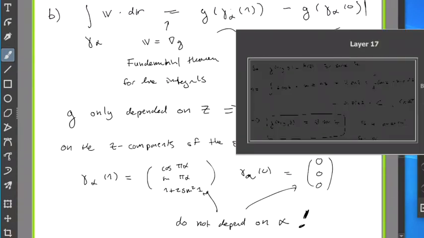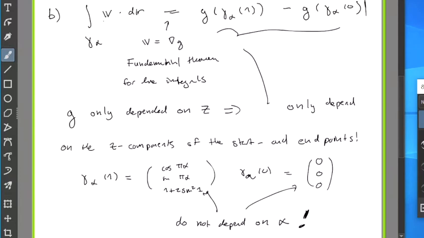When v has a potential, we can calculate the line integral along a curve. So this is not what gamma alpha looks like, but I think you get the point. By comparing the value of the potential in the start point and the end point. That's one thing that potential can be used for. So that's the meaning of this formula.